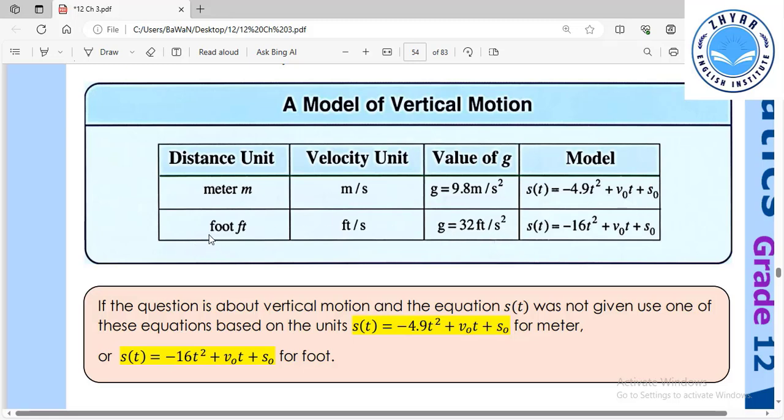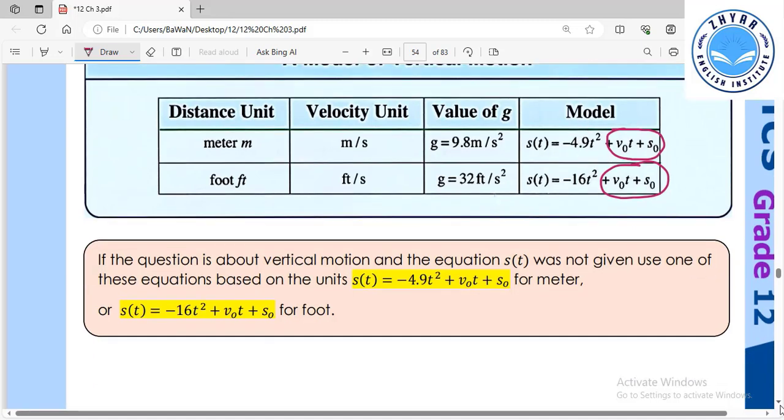Well, if the question is in terms of foot or feet, foot is the singular, then we use negative 16 t squared plus v naught t plus s naught. This part is the same for both equations, v naught t, s naught. This coefficient of t squared changes according to the unit.